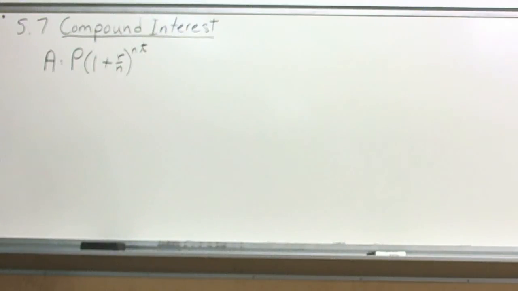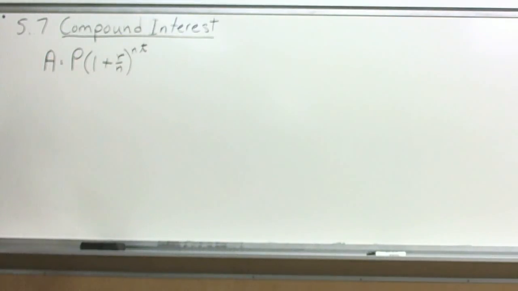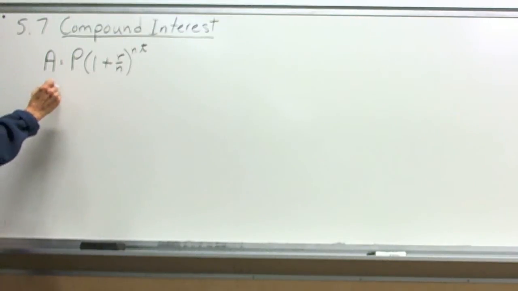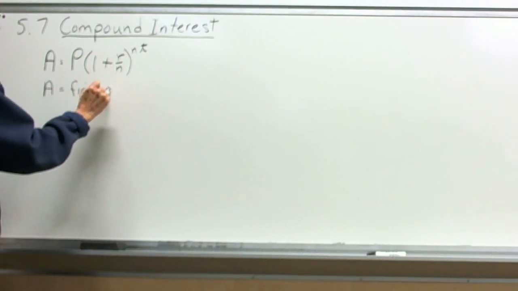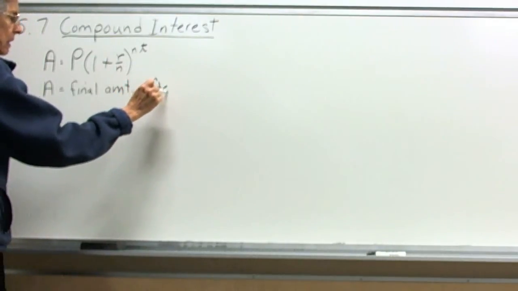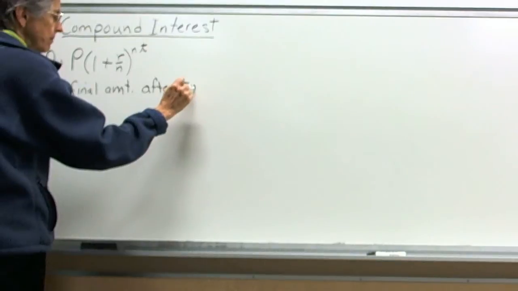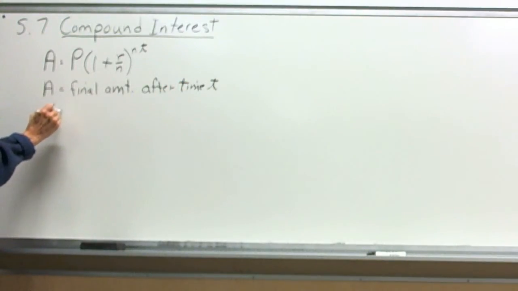One of the common applications for the exponential functions is compound interest formulas. And here we have one of the two. It's compounding periodically. So the final amount, A, will be after a certain period of an investment, after time t. t is going to be in years.